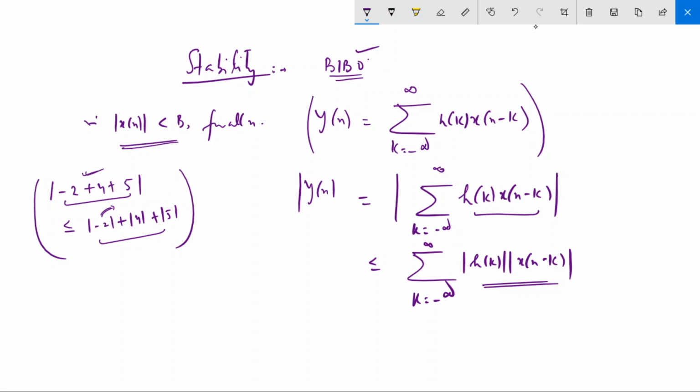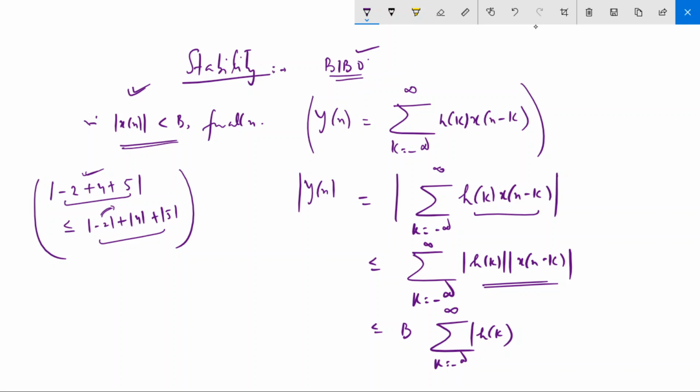Now I can write it as, since the magnitude of x[n minus k] is less than b for all values of n and k, this is less than b times the summation of mod of h[k], k from minus infinity to plus infinity.